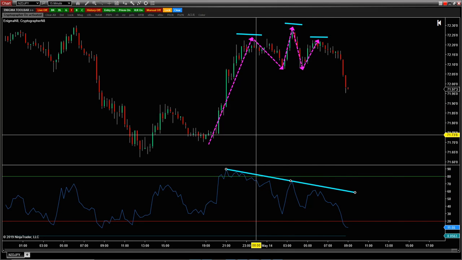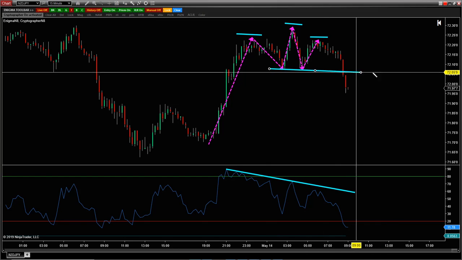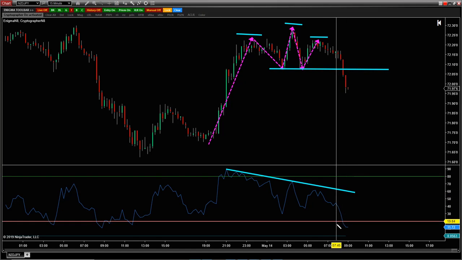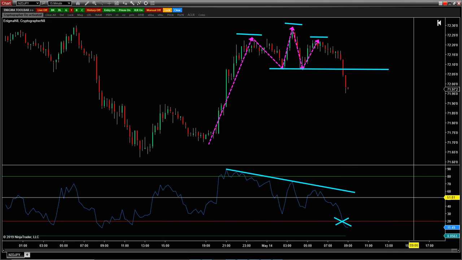Decreasing. And then of course with the breakout, and this would be an interesting thing to look at the stochastics, with the breakout we see that cross below the 20 line. Many people look at the RSI in the sense of saying, oh, it crosses the 20, that means that the momentum is gone from the market.